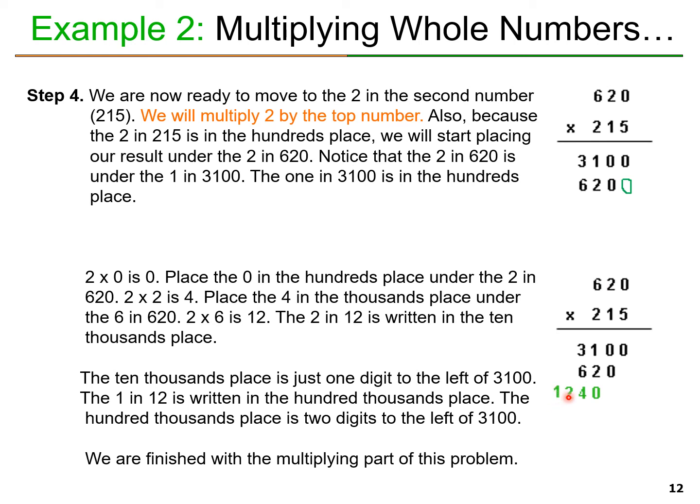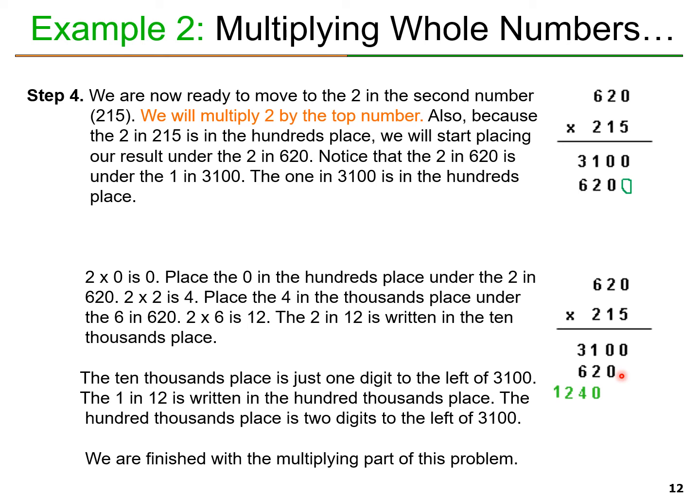The 2 in 12 is written in the 10,000s place. And remember, the 10,000s place is just one digit to the left of 3100, or it's one digit to the left of the 3 in 3100. It's also one digit to the left of the 6 in this number.